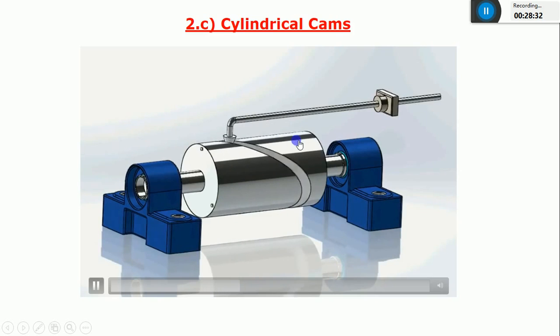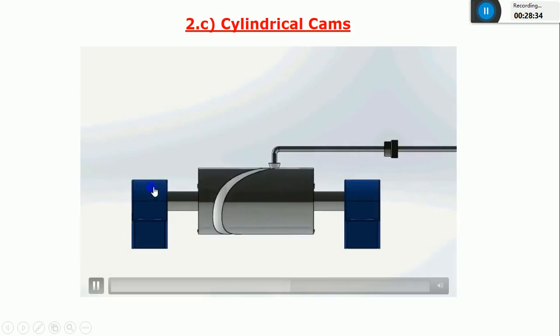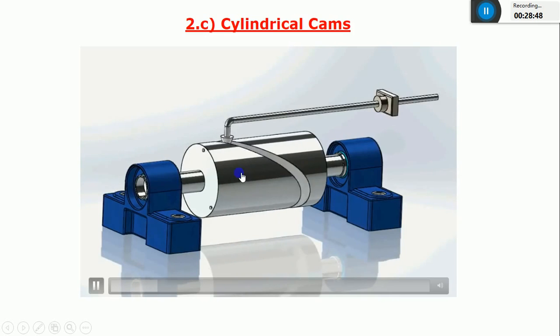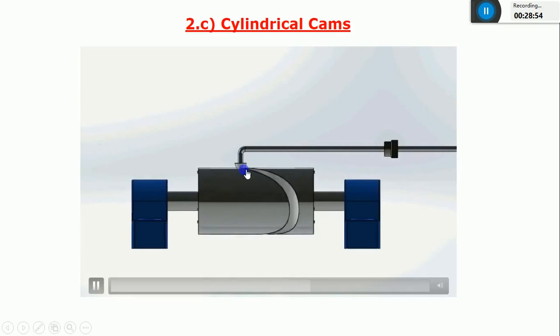This cylindrical cam is connected to a shaft and motor. As the motor starts rotating, the cylindrical cam also starts rotating. Since the follower is attached to the groove of this cylindrical cam, it will start moving in a horizontal direction. It means the input motion is rotary and the output motion is linear.